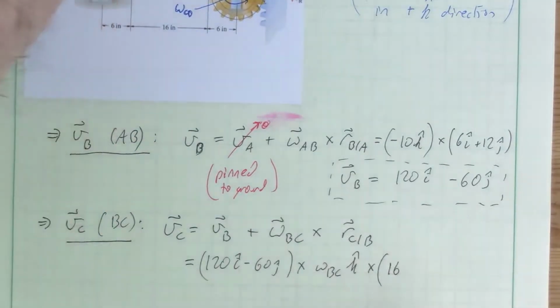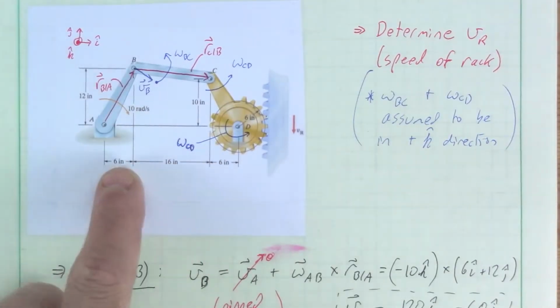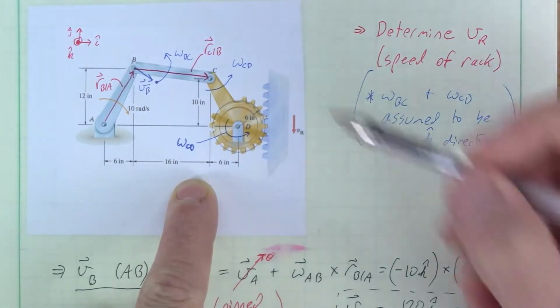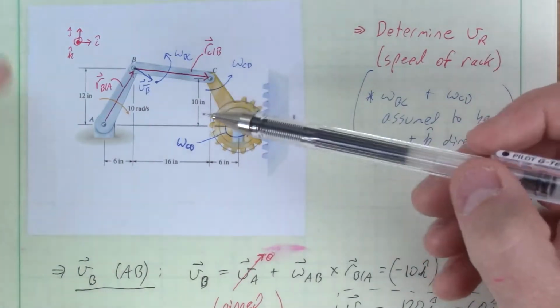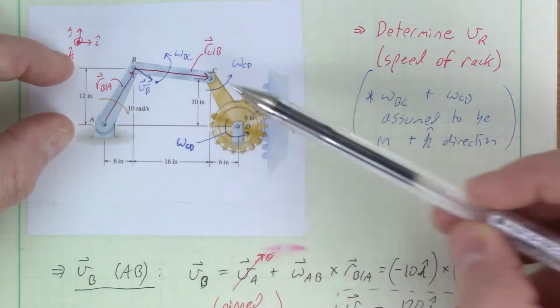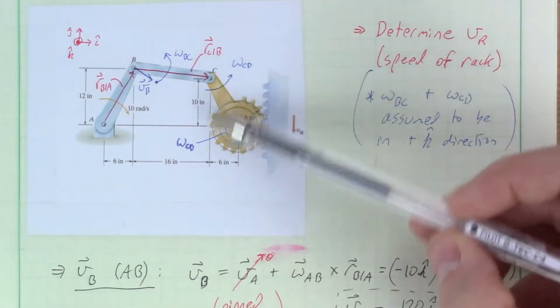And then what's this position vector? We go over 16 inches in the i hat direction. I know it's hidden there, but I'm going to put 16 i hat, just so I'm following along, not making any mistakes. And now here's where 12 inches is the whole height from A to B, and then the height from A to C is 10 inches.